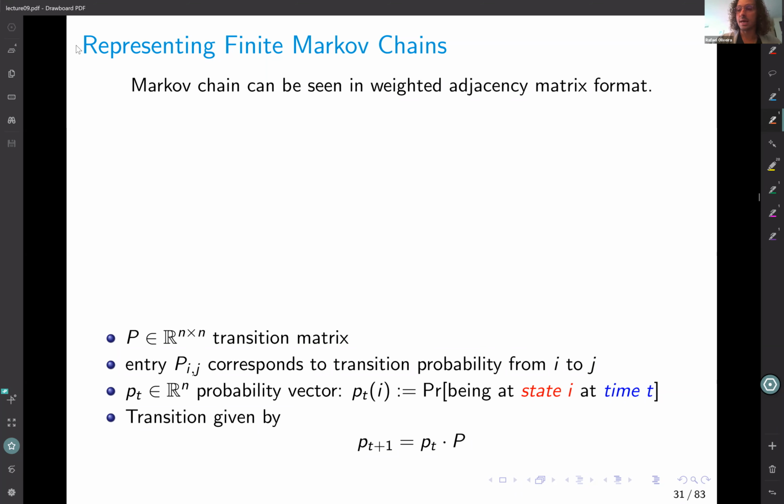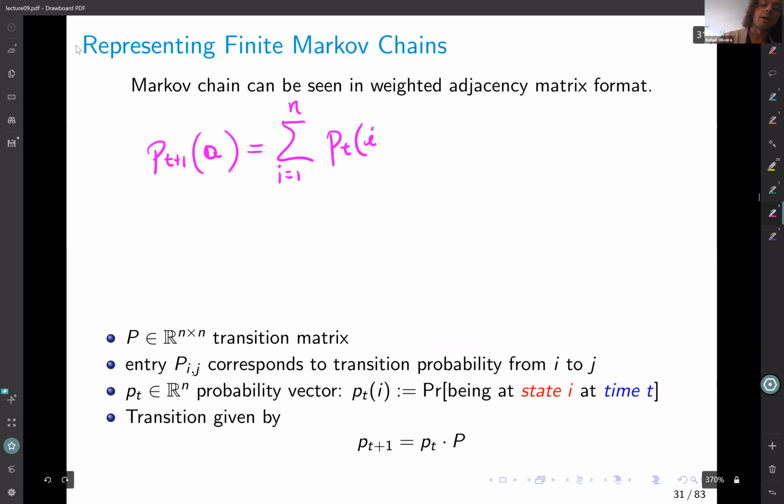Because how can we see that? Let's just see how to compute this, and the computation is simple. So P t plus 1 of j is equal to the sum, i equals 1 up to n, of P t of i times the probability of going from i to j.